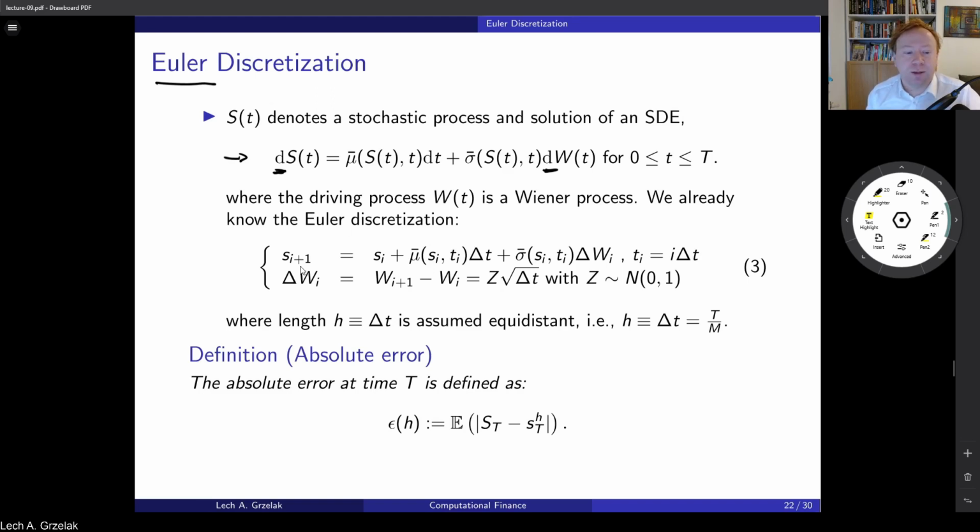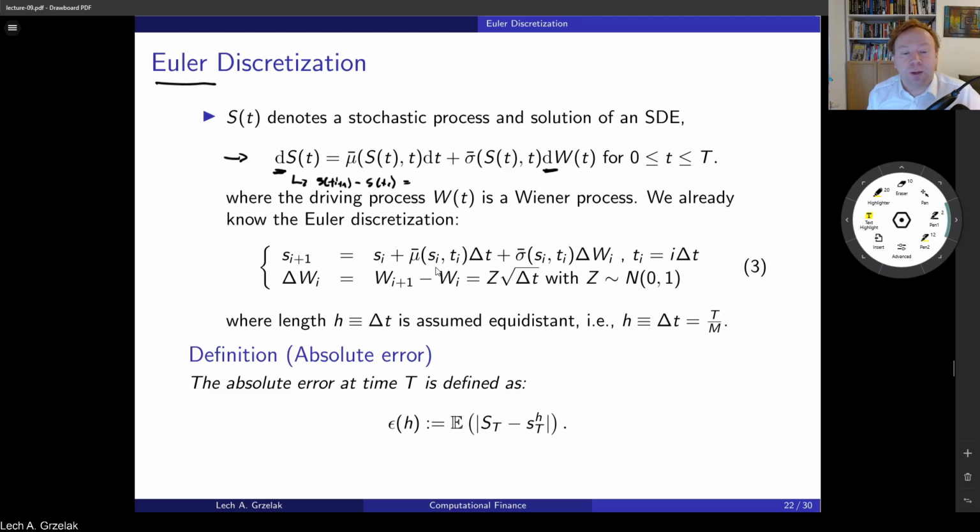So we have S_{i+1}, where i indicates the time step, so the next time step is equal to S_i. This comes from S_{t_{i+1}} minus S_{t_i}. If you move this S_{t_i} to the other side, this is exactly what you have.